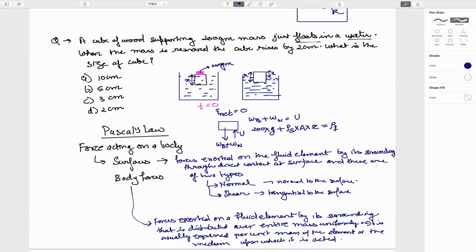It is not given, but as it is water, let's take it 1 gram per cc. So rho F we can take to be 1 gram per centimeter cube.